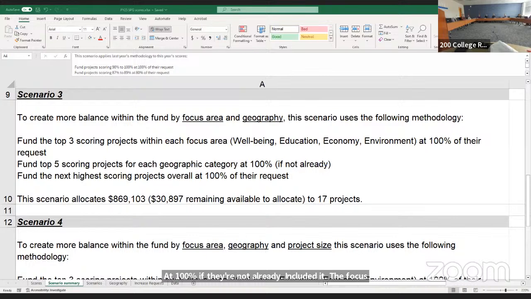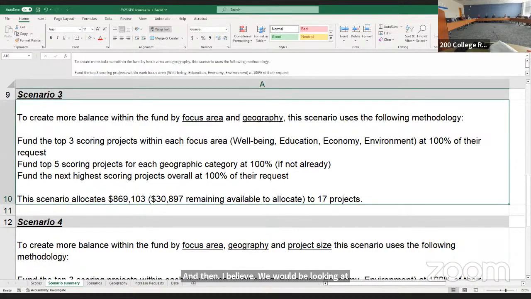And then I believe we would be looking at, so that would give us, again, our 12 by focus area, and then we would have an additional 5 projects that would be going to those organizations that have service locations in Buncombe County, not just Asheville.